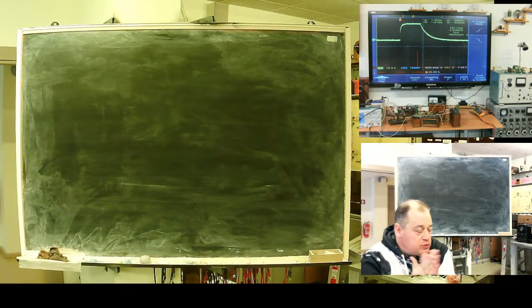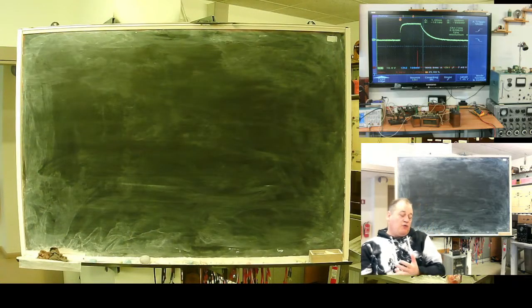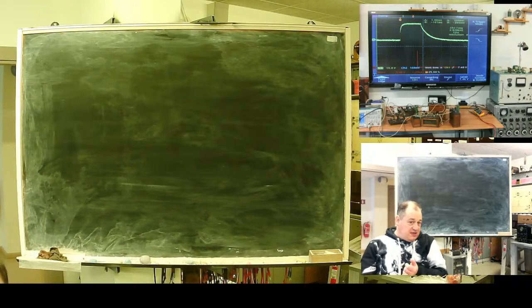Today I would like to speak about one of the techniques to solve a transient problem, when you need to know what happens when you switch something on or something off. We speak of the free component of transient.